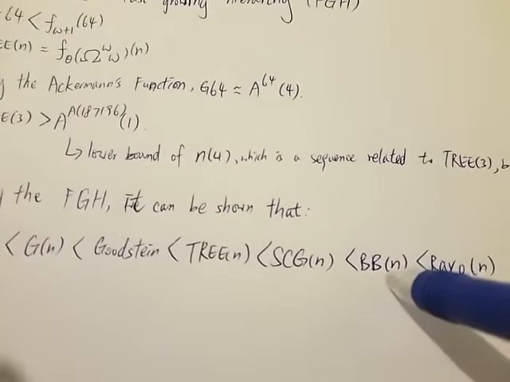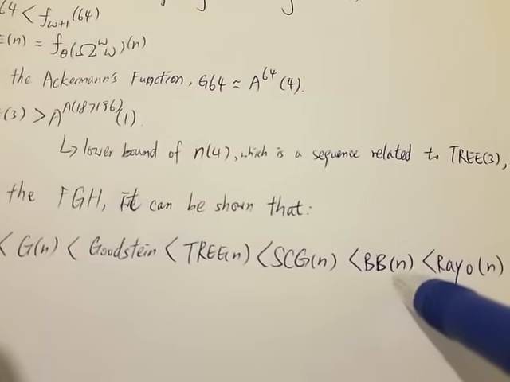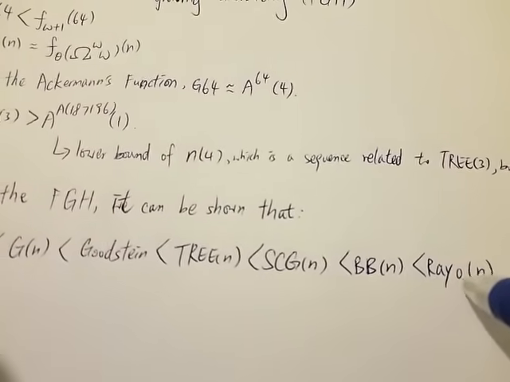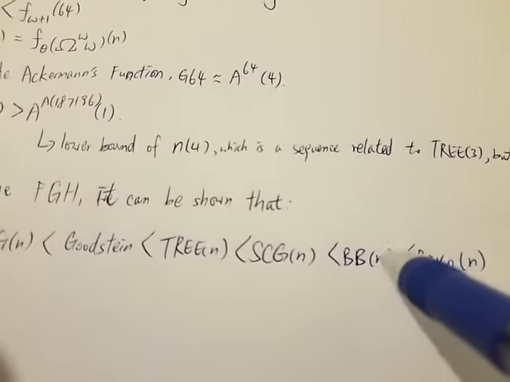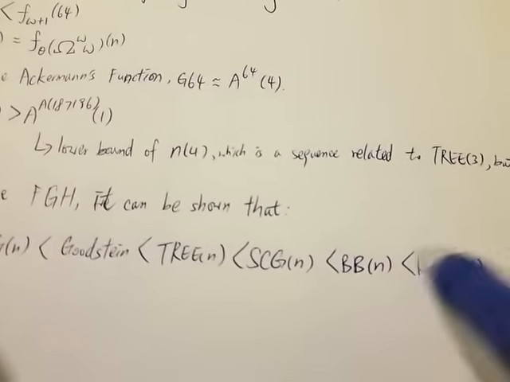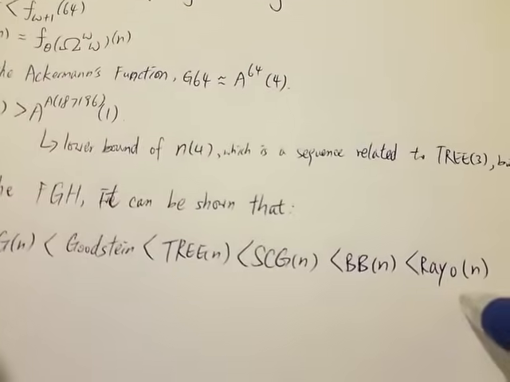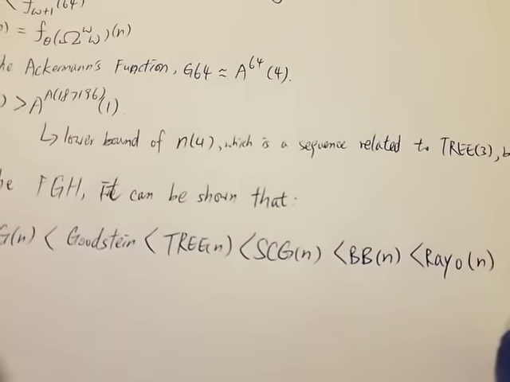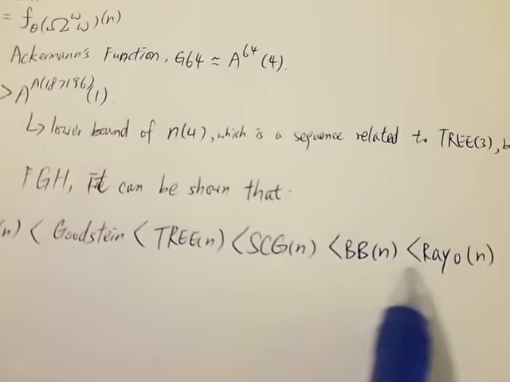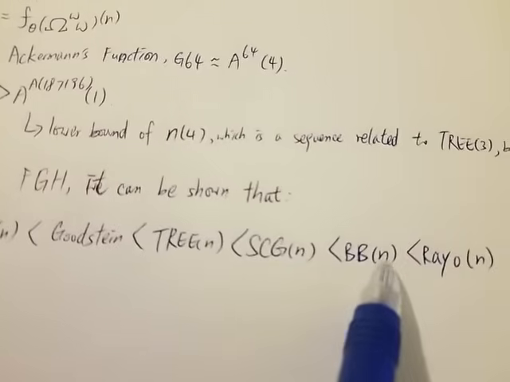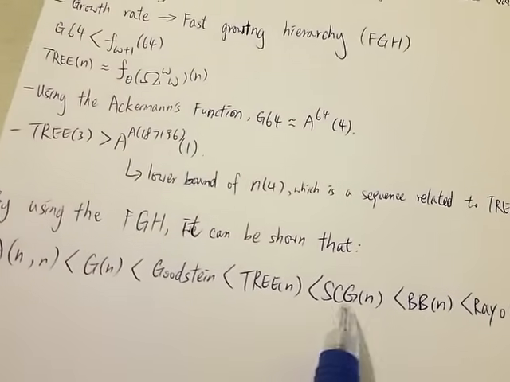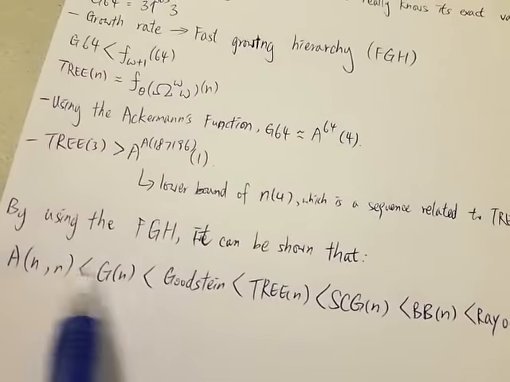Of course, it was known that the Busy Beaver function and Rayo's function are both uncomputable functions. That means there are no algorithms for computing the output. Since those are uncomputable, using this definition, we can already tell that those functions grow much faster than these, because these here are computable functions.